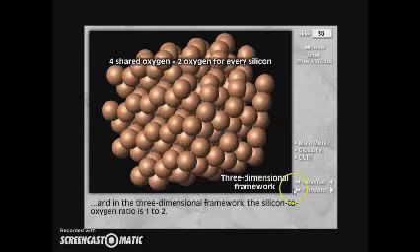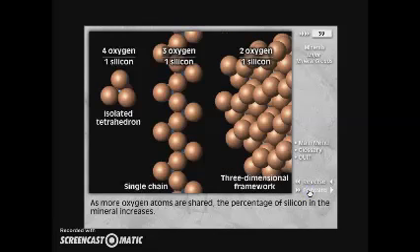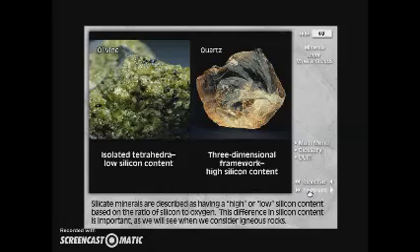And in the three-dimensional framework, the silicon to oxygen ratio is 1 to 2. As more oxygen atoms are shared, the percentage of silicon in the mineral increases. Silicate minerals are described as having a high or low silicon content based on the ratio of silicon to oxygen.